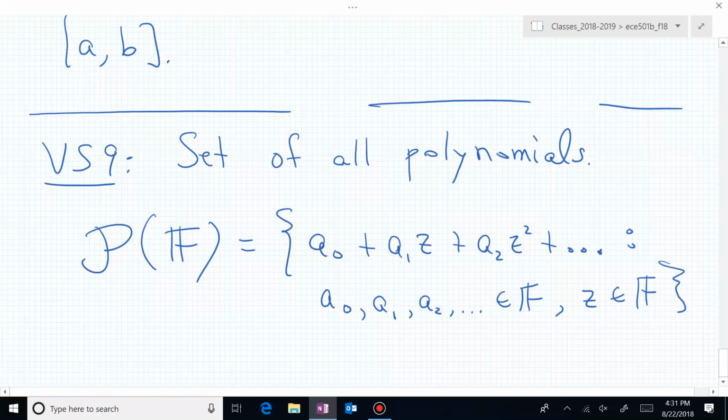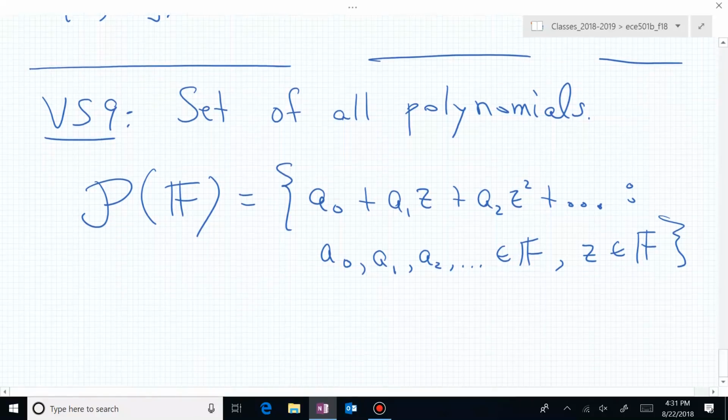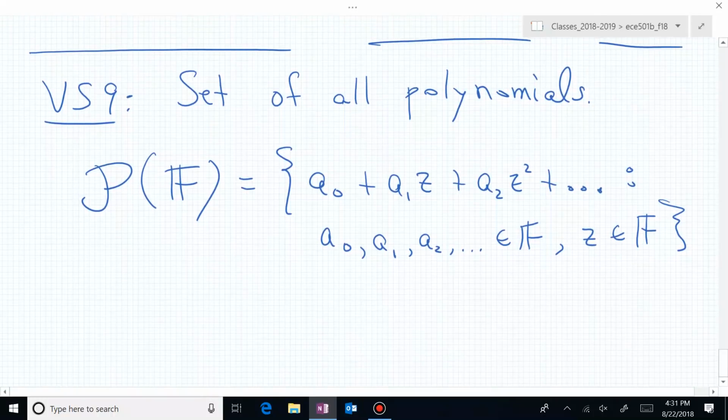If we plug in the appropriate a's and evaluate at a given z, a real number or complex depending on what our field is, that's what that polynomial evaluates to. But the set of all polynomials forms a vector space, because you can add those up, you can scale those, you have an additive identity, etc.